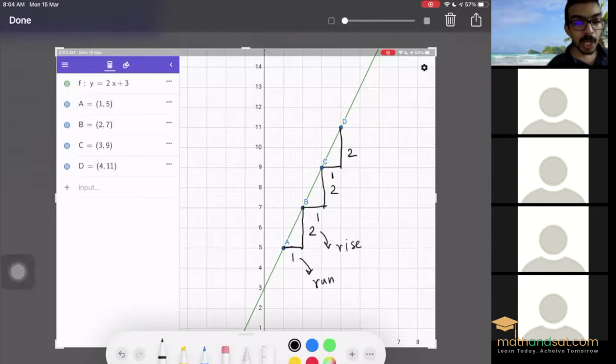But it will not be the case for other curves. It will not be the same for other curves.